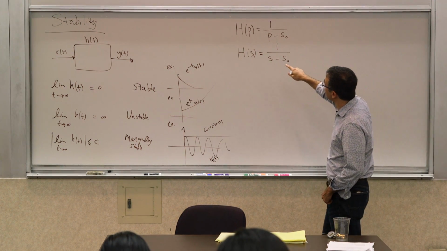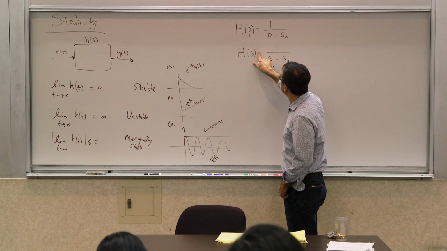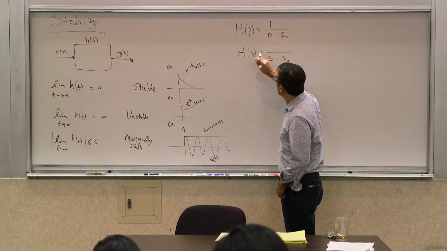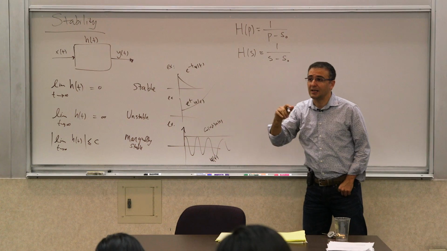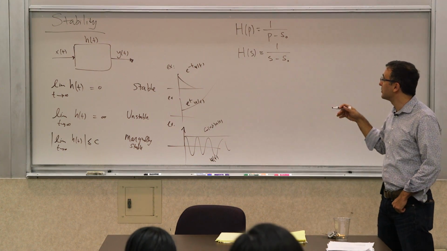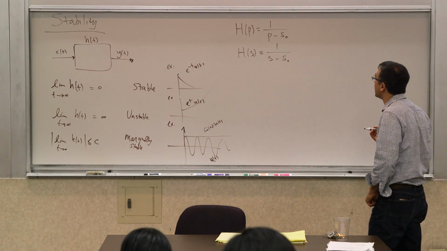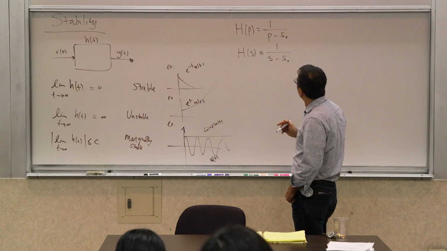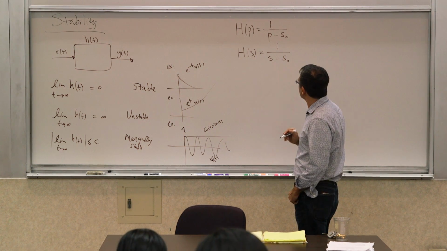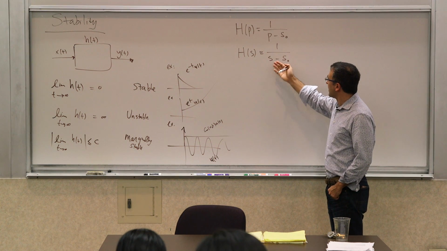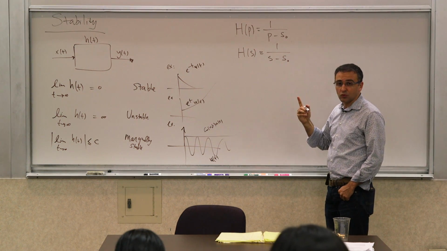We talked about the system function being essentially the coefficient in front of the e to the st, as a response of the system to e to the st. So if this is the system function, it has a single pole, it has a single root, right?